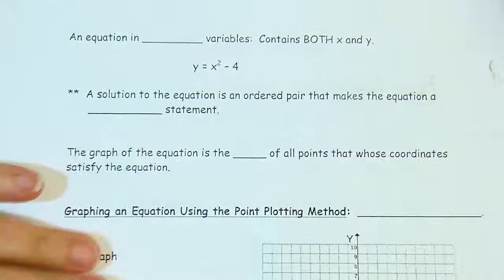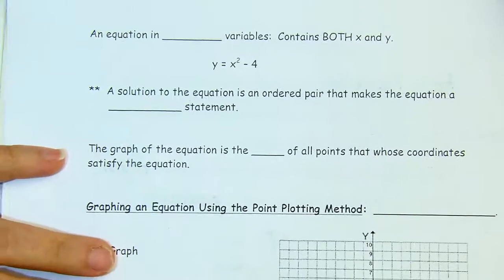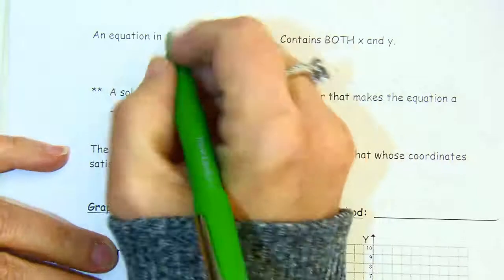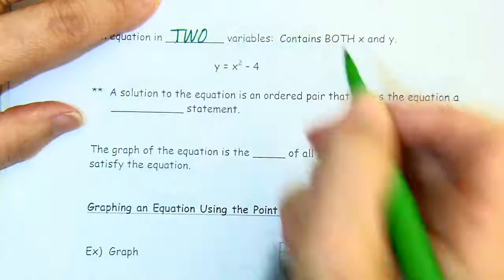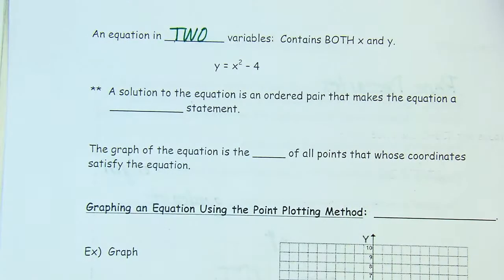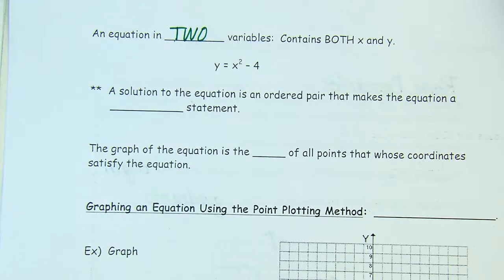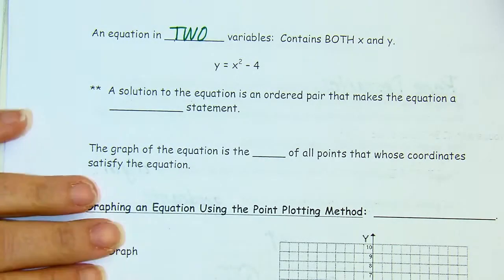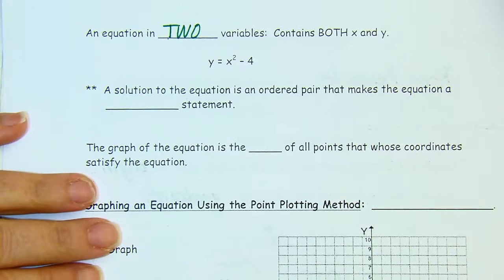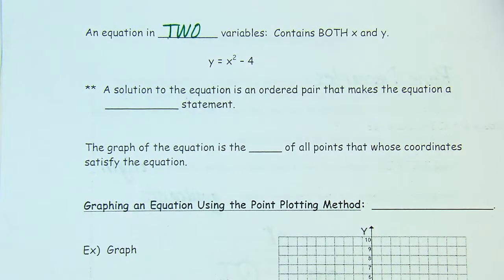All right, slide 2. An equation in 2 variables contains both x and y. Like this equation right here. It's got an x and a y in it. So a solution to an equation as such would be an ordered pair that makes the equation what kind of statement do you think?